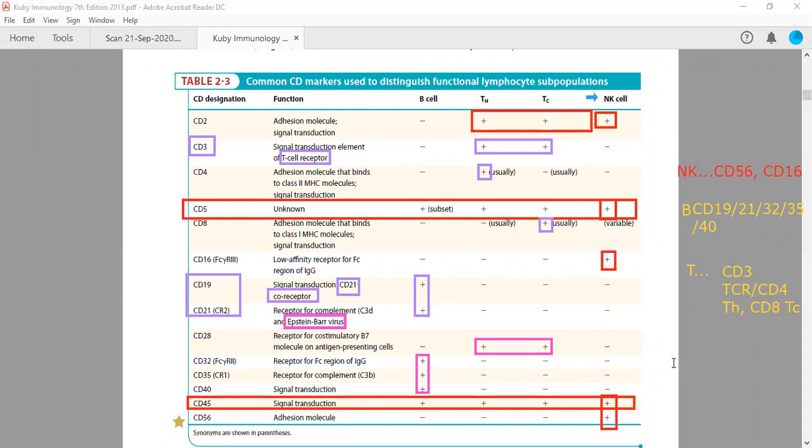Also, they have CD28. I missed the 28. So CD3 and 28.